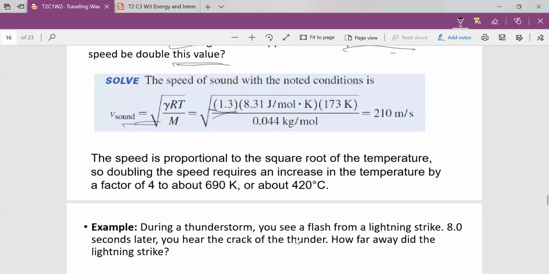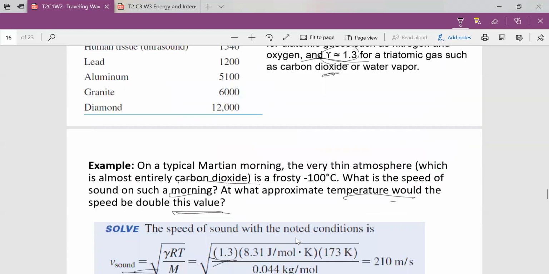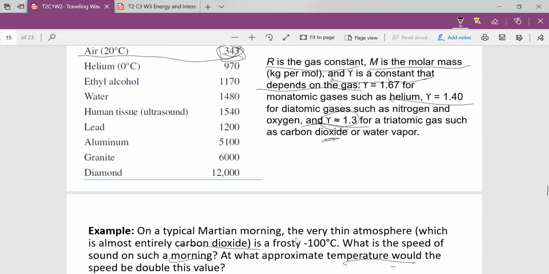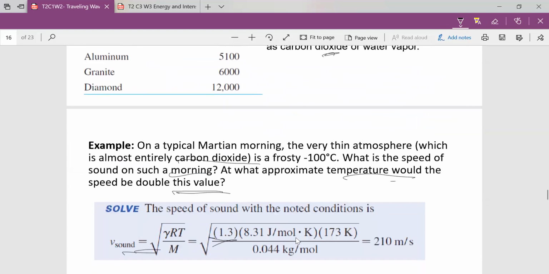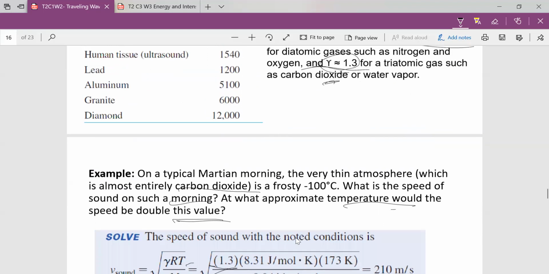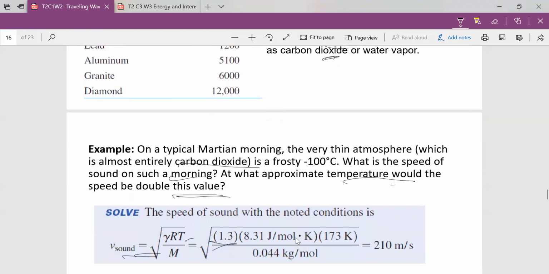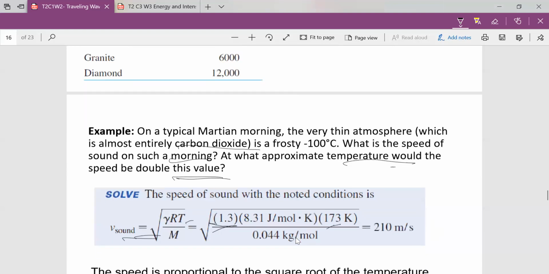So we substitute the gas constant, which is also an established constant, and the temperature also in Kelvin.